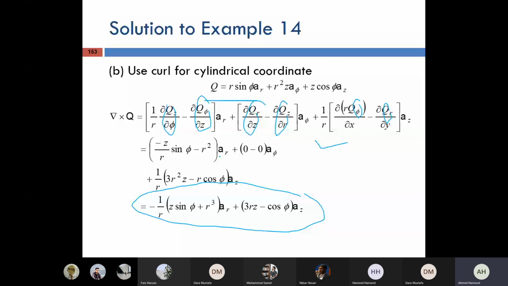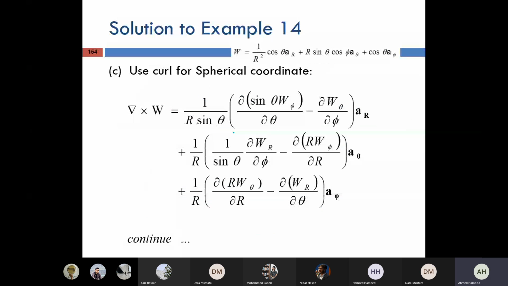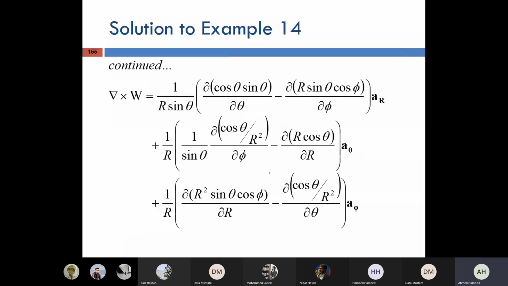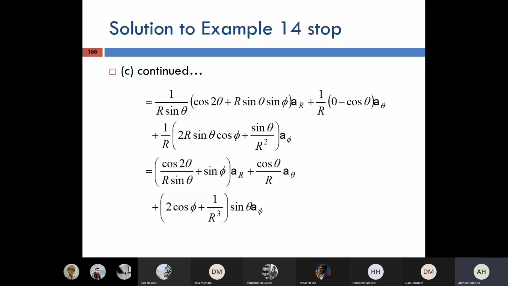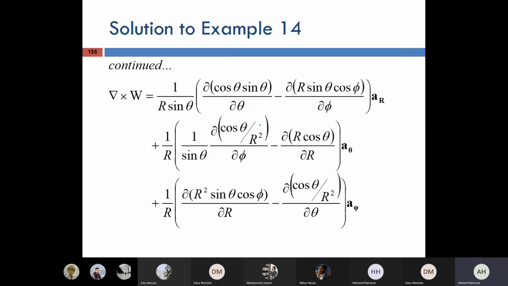Also the same for the spherical, the spherical long equations, but it doesn't matter as long as you follow the steps one by one. I think it won't be that problematic. So you just follow, differentiate each part until you reach the final answer, which is this one. So I advise you guys to practice at home.